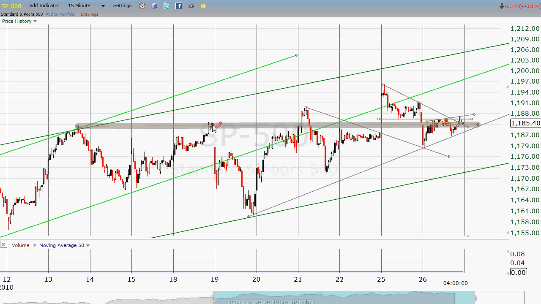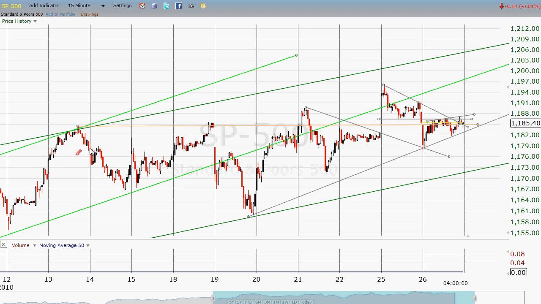Hit resistance there again, came back kind of hard, tagged the bottom of the channel, came back, overcame 1185, got slammed back, little sideways action, opened up strong up to 1194, came back, went back through 1185, and now it looks like we found 1185 again.